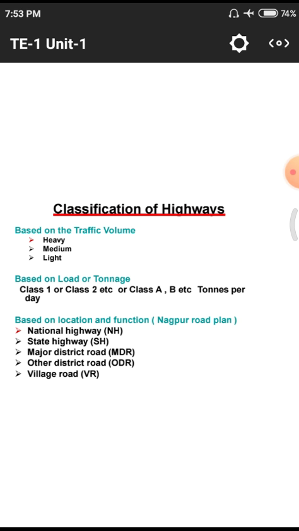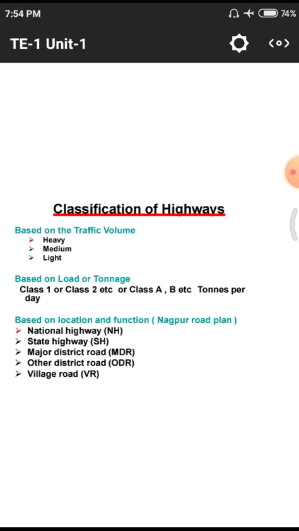You need to remember that highways connecting important parts of the nation are called national highways, NH. Next one, state highways, connecting important places in the states, so they are called state highways.